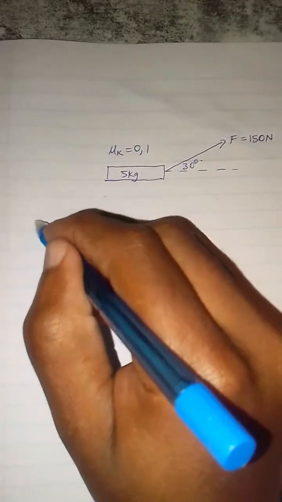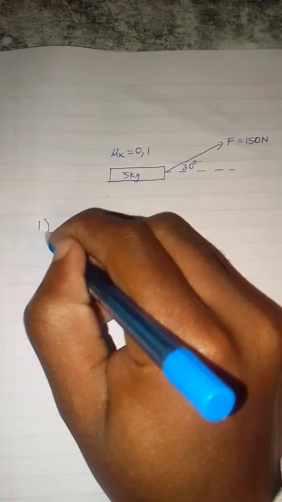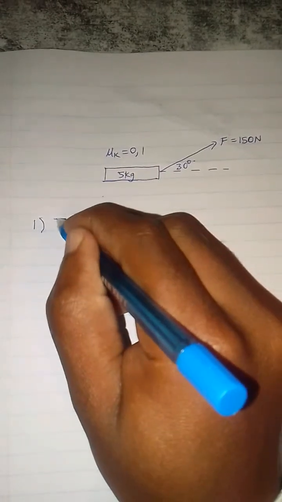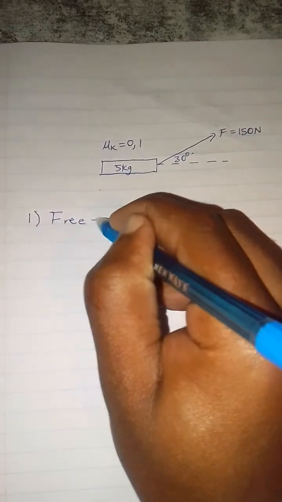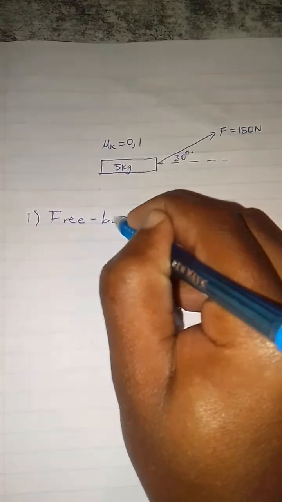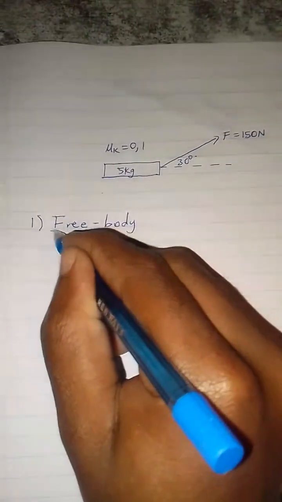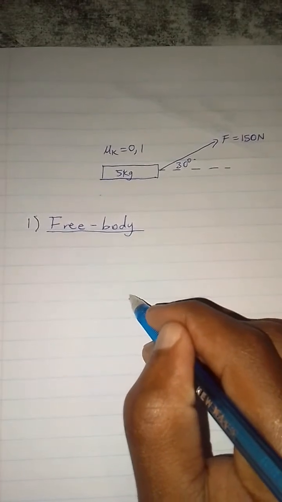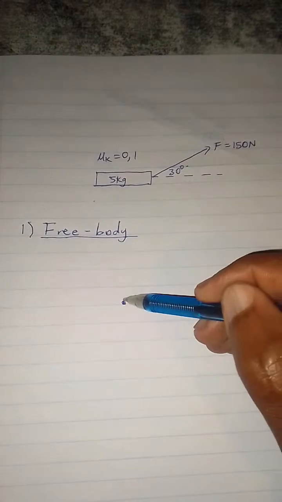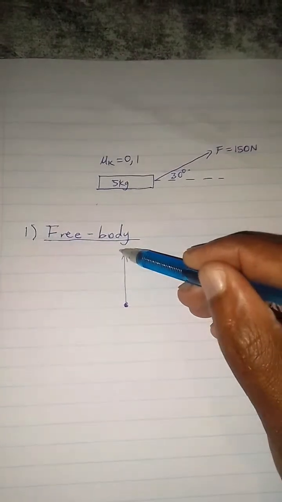First question: draw a free body diagram for this block. So how do we draw a free body diagram here? We're going to have a normal force pointing upward.